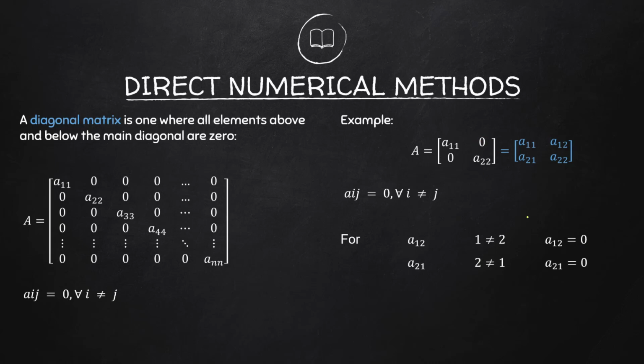And for the term A21, 2 is also not equal to 1. The row position is not equal to the column position, and if you check, it is indeed equal to 0. So for all the elements satisfying this condition, all their values are equal to 0. With that, we can say that this is an example of a diagonal matrix.